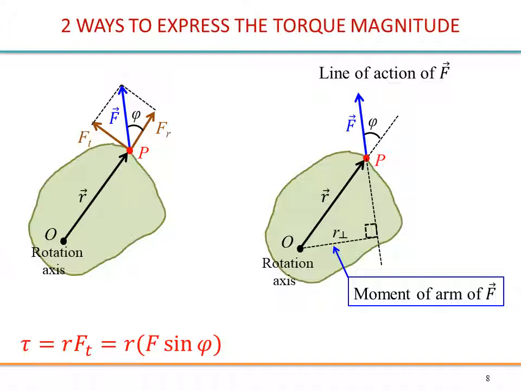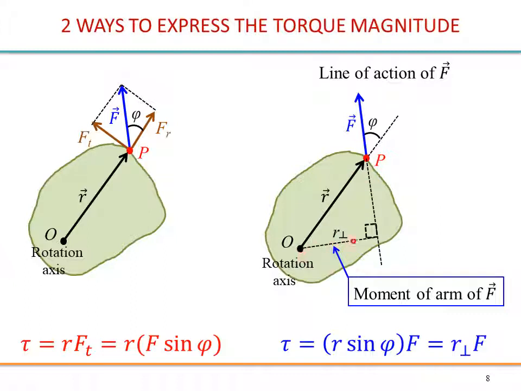So you have a new way to calculate the torque. Of course, it gives the same result. The final result is r sine phi F. But now, instead of associating sine phi to F, which gives Ft, you assign sine phi to r, which gives you r perpendicular. Indeed, phi is also here, of course.